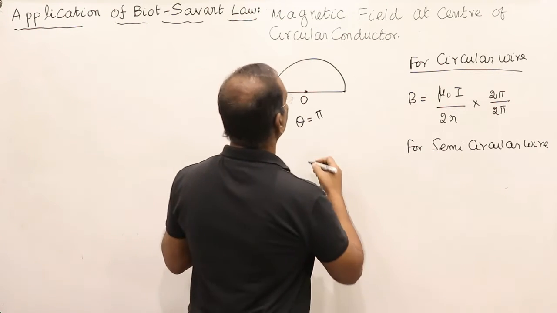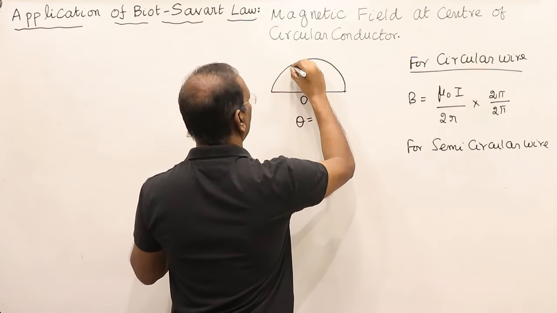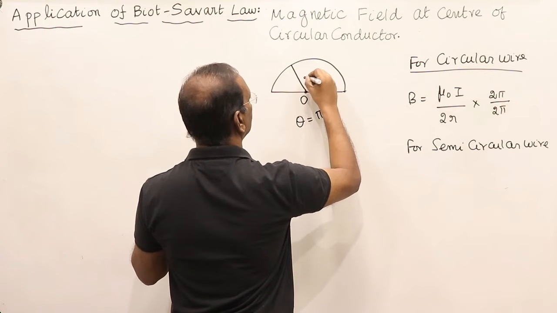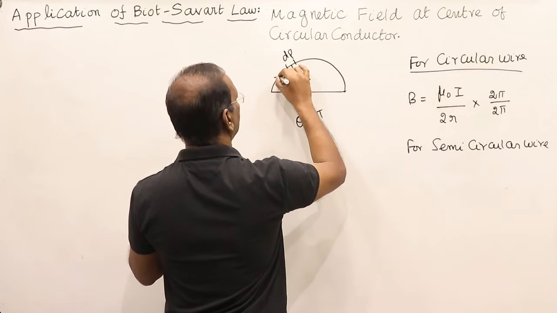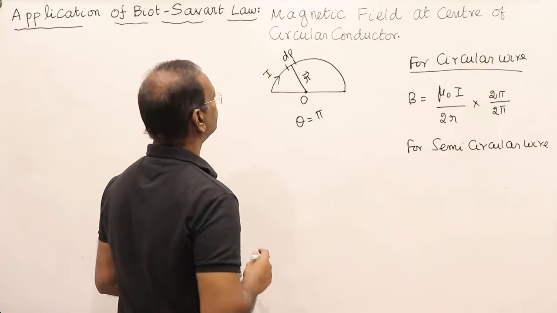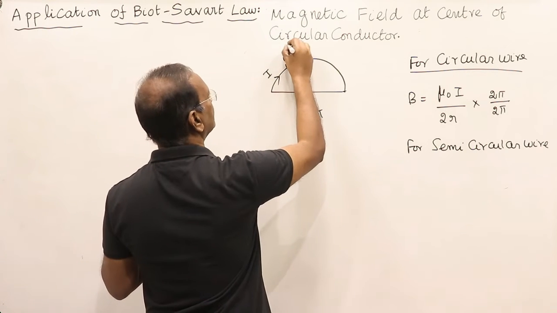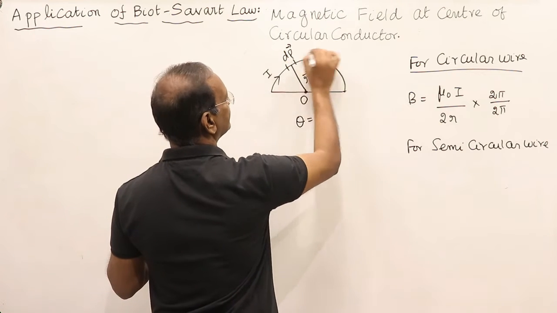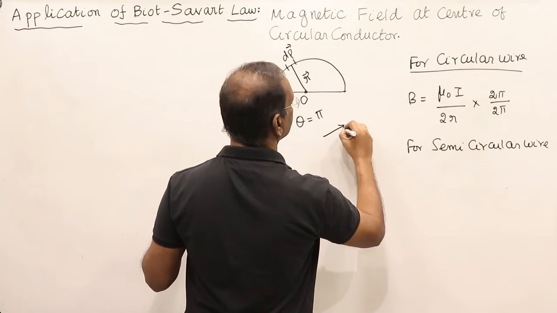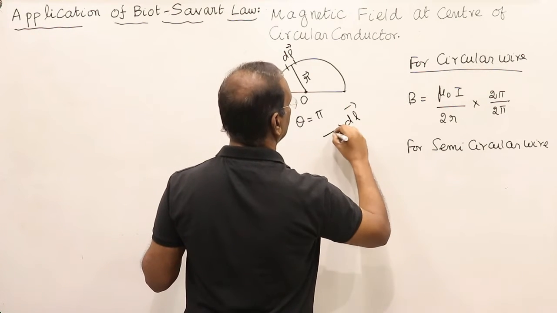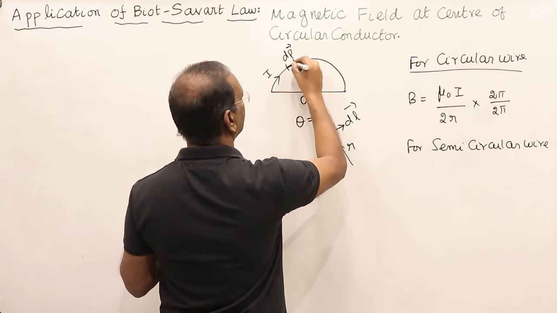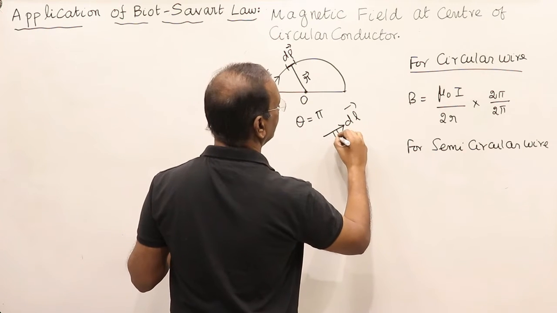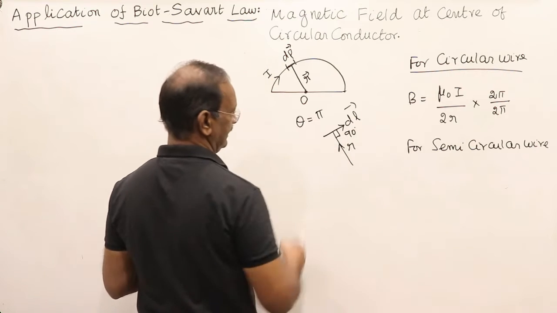What is dB? Now see here, this is the R vector and this is the DL, and the current is flowing like this. So this means DL vector will be along this direction. It means this is DL vector, and this is R vector here. This is DL vector, this is R vector, and angle between them is equal to 90 degree.